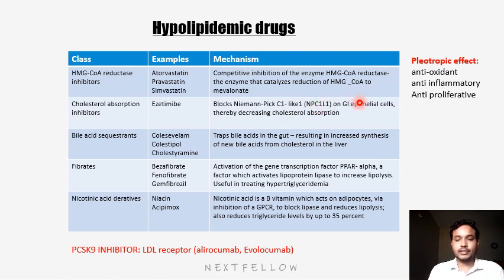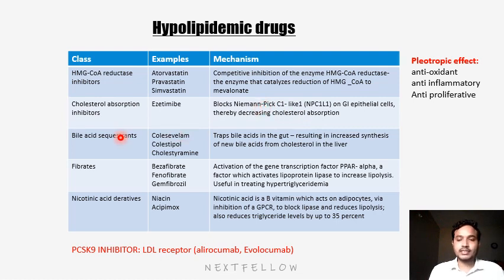When these drugs inhibit cholesterol absorption, the need for cholesterol synthesis in the liver will be elevated. To compensate, there will be more peripheral consumption of LDL and VLDL from the blood. That is how these drugs help in decreasing cholesterol in the peripheral blood.